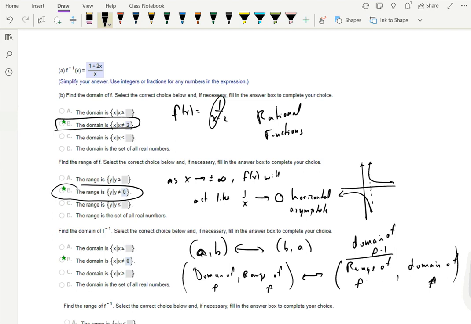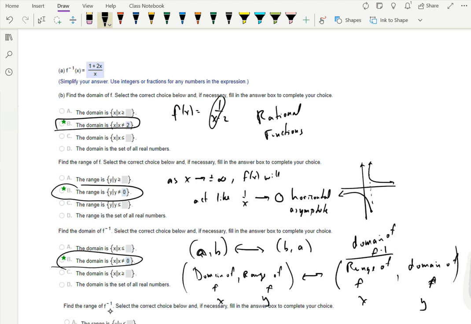So previously, if we take a look up here, we want to find the domain of f inverse. So that's going to end up being the range of the f function. So in my f function, my range was everything except 0, now notice these were y's, then over here, my domain is going to be everything but 0, but I switch it to x's. Okay? Because these are the x, y pairs.